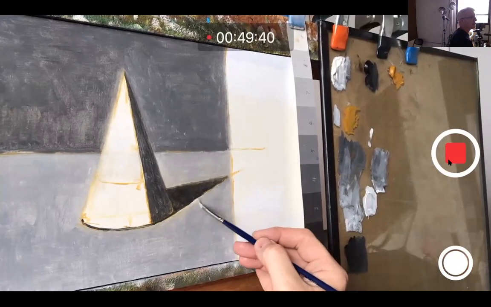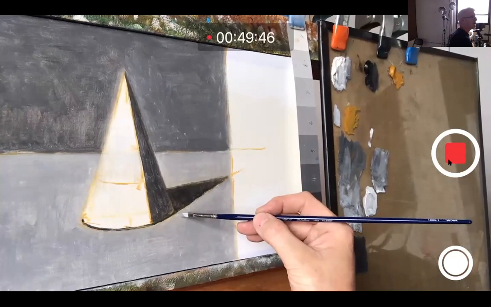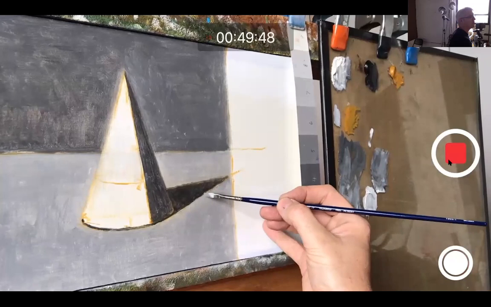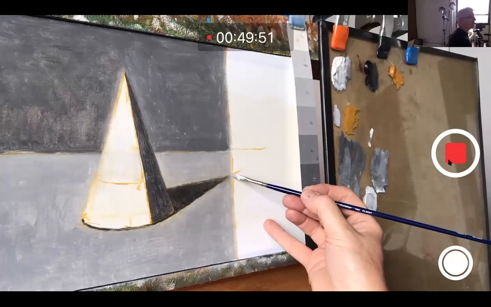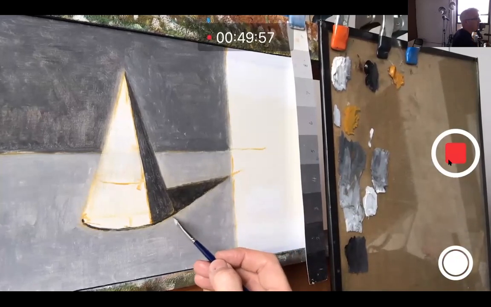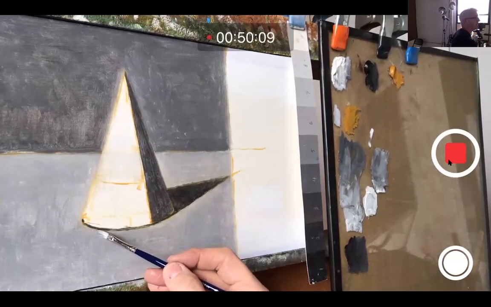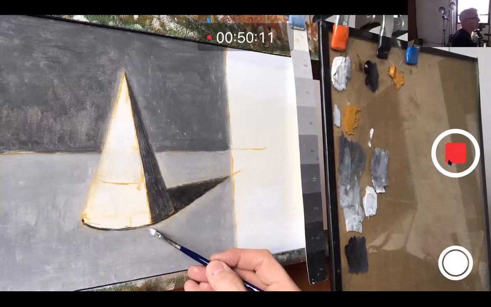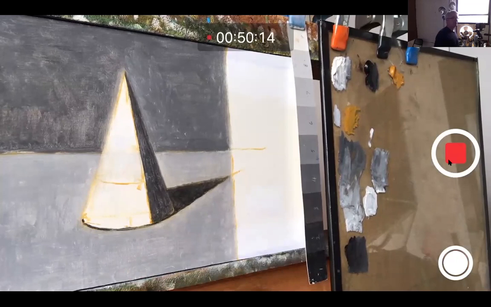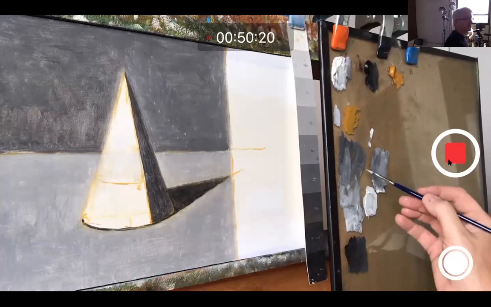Now, having said that about looking at the large masses of light and shadows, at the same time, you don't want to be working in such a way that you just have very sharp divisions between the shadow and the light. And that's fine at the very initial stage. But I do just want to say that right now, I think it's a good time to at least indicate some of the softness of those shadow edges.